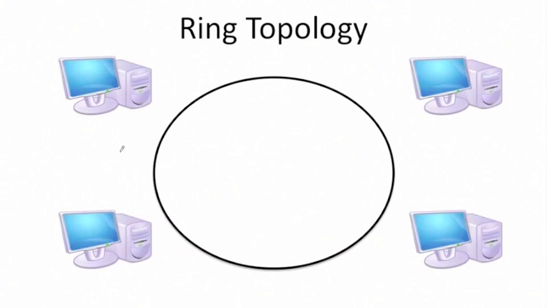The next topology is a ring topology, and not like the bus topology where the data is eventually destroyed. Here the data continually moves around the ring, and there's a couple of computers connected.